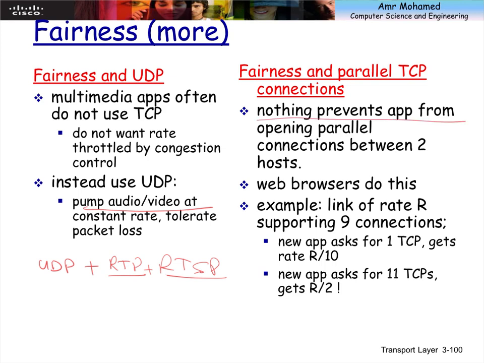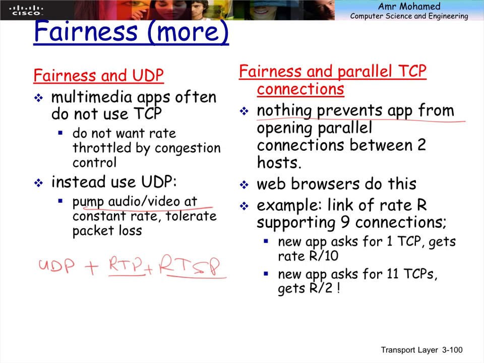There's nothing that prevents any application, we're talking about one end application, from opening tens of TCP connections. So one application will open 10 TCP connections, and in that case, this application will in fact eat the bandwidth. Nothing would stop it from doing that.